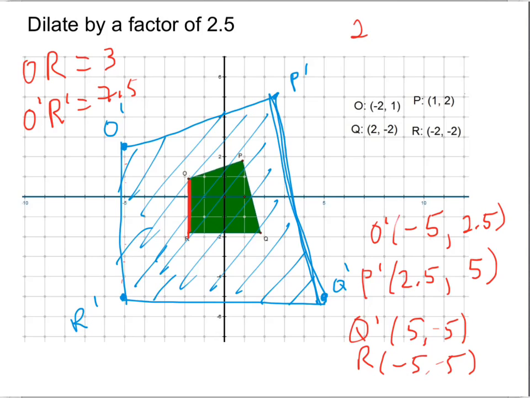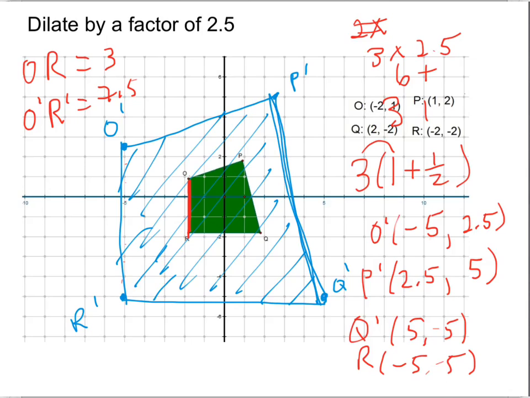And if we take 3 and multiply it by 2.5, it's like taking 3 times 2, which is 6, and then 3 times a half, which is 1.5, and 6 plus 1.5 is 7.5.